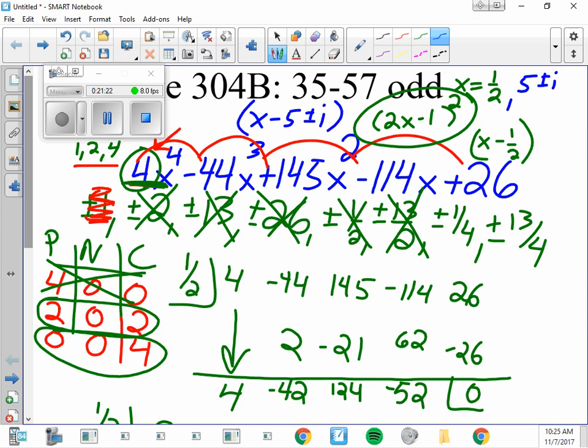You can write it like that if you want. So we have the 2 imaginary and the 2. So we have x minus 5 plus i and x minus 5 minus i. So 2 complex. And then we have 2x minus 1 multiplicity 2 for a total of 4 factors.